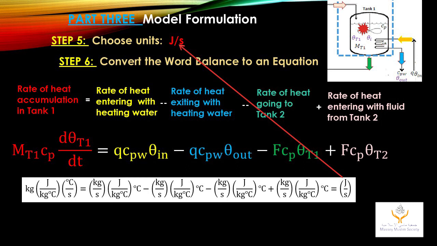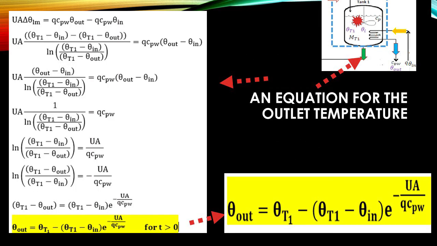So you can see that kg cancels with kg, degrees cancel with degrees, and you get joules per second. You do the same for each of the other terms, and you end up with joules per second, exactly the same as before. If it's different, that means your equation is wrong, and you need to reformulate it. Next step.